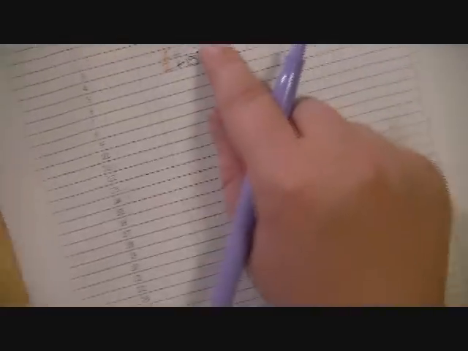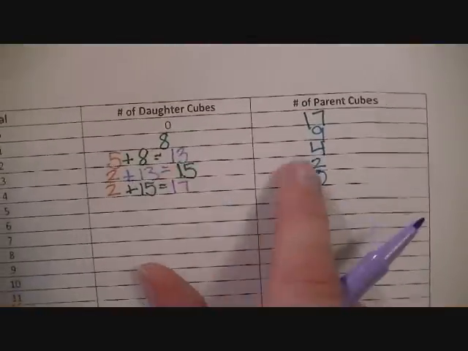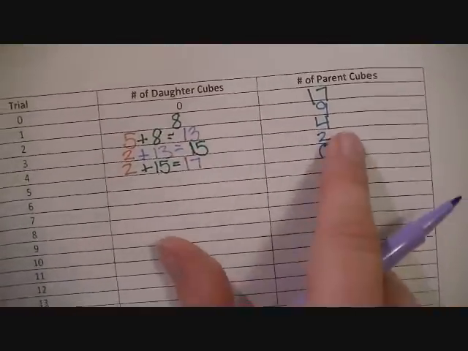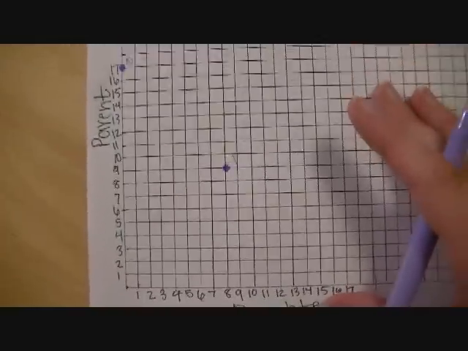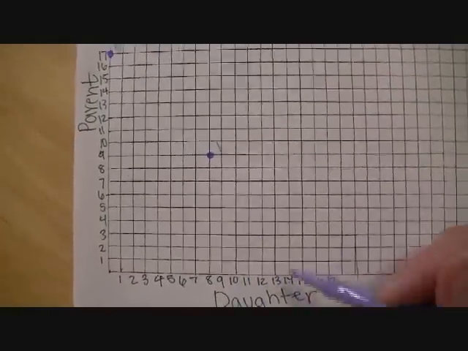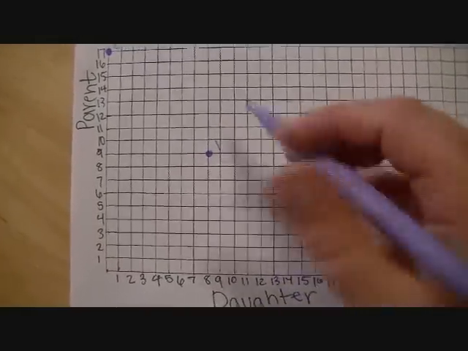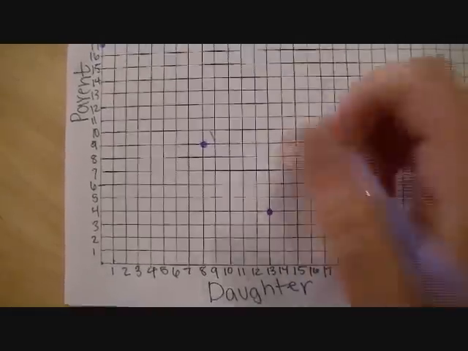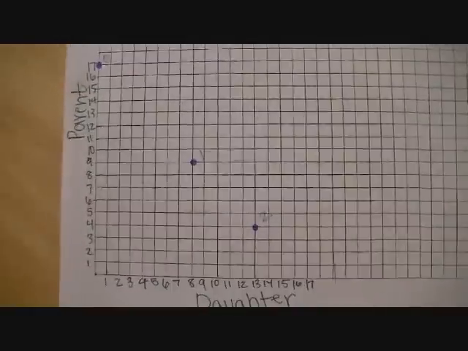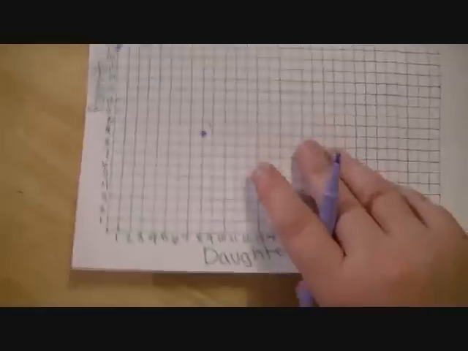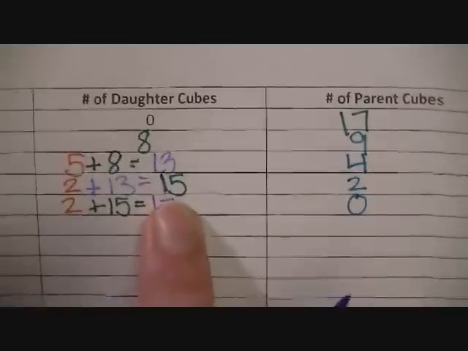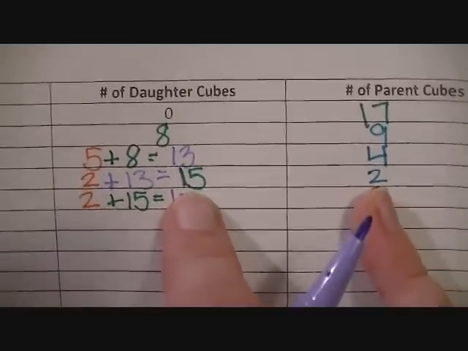Alright, our next point is 13 and 4. 13 daughter, 4 parent. So, I'm going to go over to 13 and up to 4. I'm going to put a point right there and label that 2. Our third point is 15 and 2.